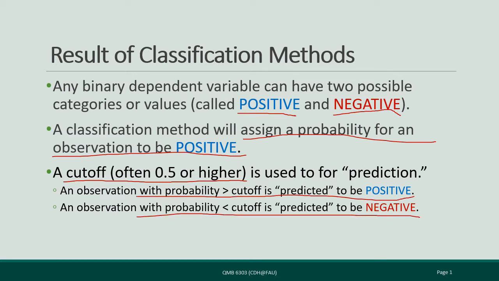So let's use an example. Let's say that whenever somebody walks in the door, we want to see whether this person will be a good candidate for a mortgage. Okay, so this person wants to get a mortgage, and we want to make sure that this person wouldn't default.